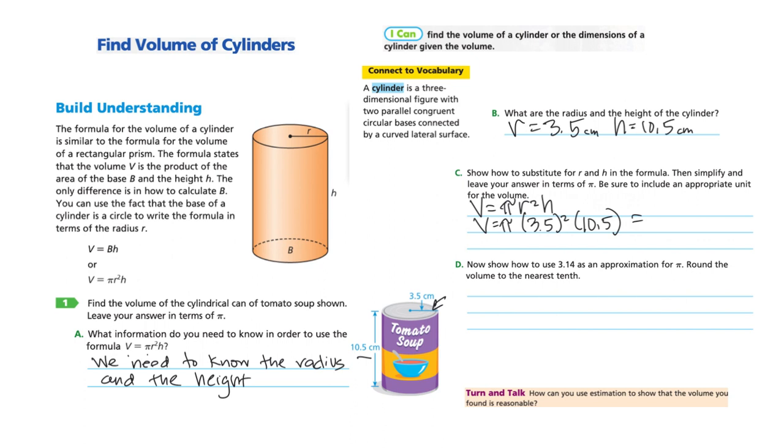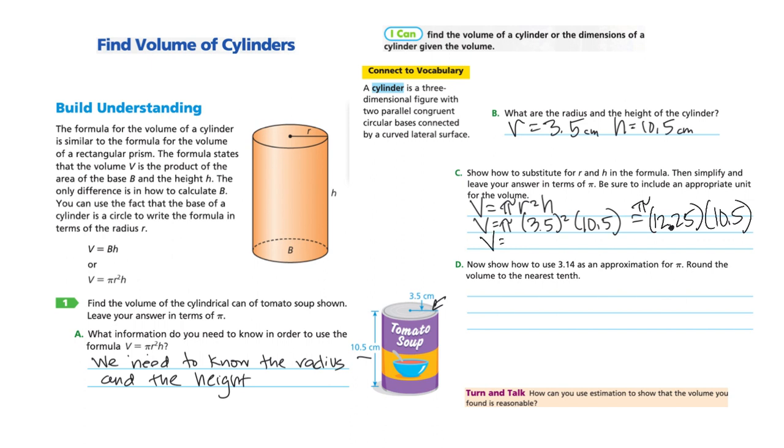And then if we solve that, 3.5 squared equals 12.25, or 12 and 25 hundredths. And then times 10.5, 10 and 5 tenths, that equals, so let me keep the pi there.